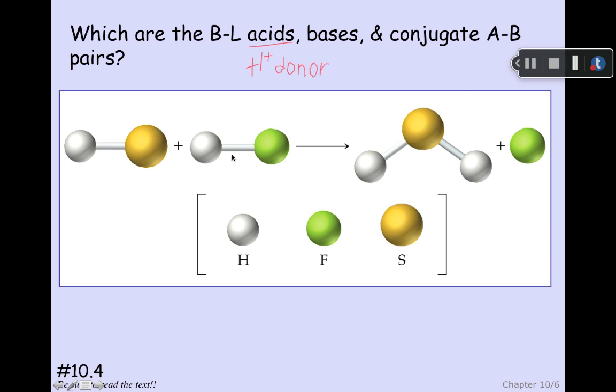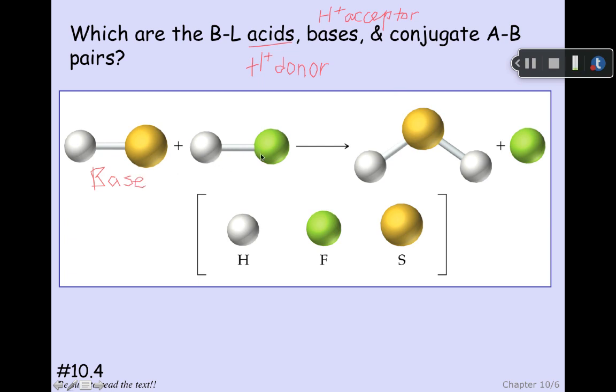And think in terms of what it can do, whether it can give away a proton or what it does in this particular example. So if you look at the yellow and the white on the left, it picks up an extra white ball in this reaction. So it's one that has been gaining a proton, so that would be a base. Remembering the definition that the proton acceptor is a base, we'll put the label base by the yellow and white molecule here, which apparently is HS.